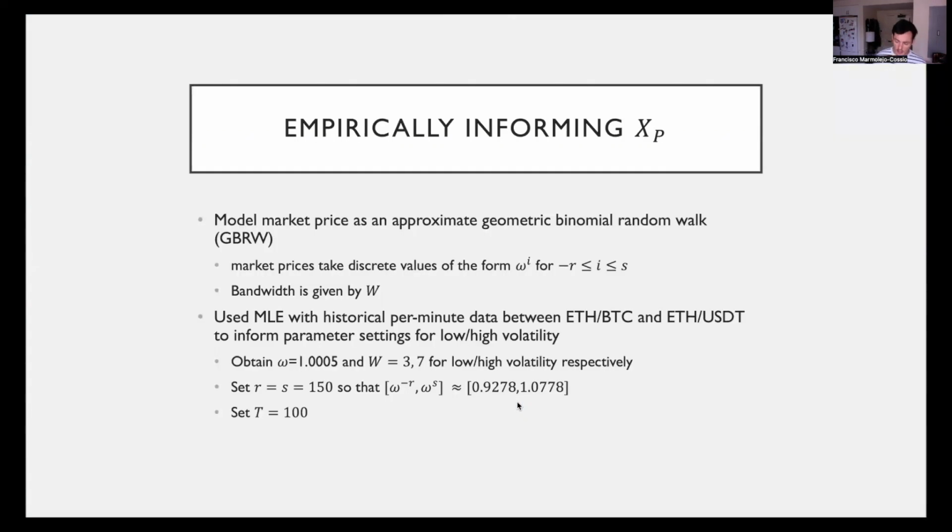The first thing is I mentioned that we're going to be looking at a contract market price sequence. The way that we model a market price sequence is that we use a geometric binomial random walk, and we take discrete values from exponentially spaced prices with base of omega, and a bandwidth parameter for this GBRW given by capital W. And we use maximum likelihood estimates with historical data from ETH and Bitcoin and ETH and USDT to inform parameter settings for this in low and high volatility regimes.